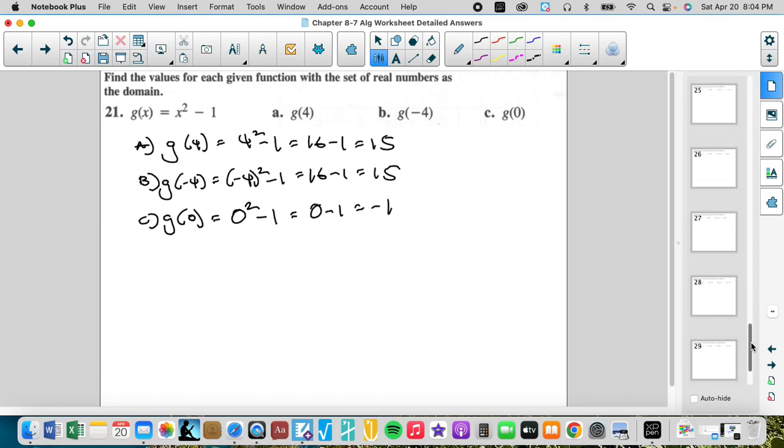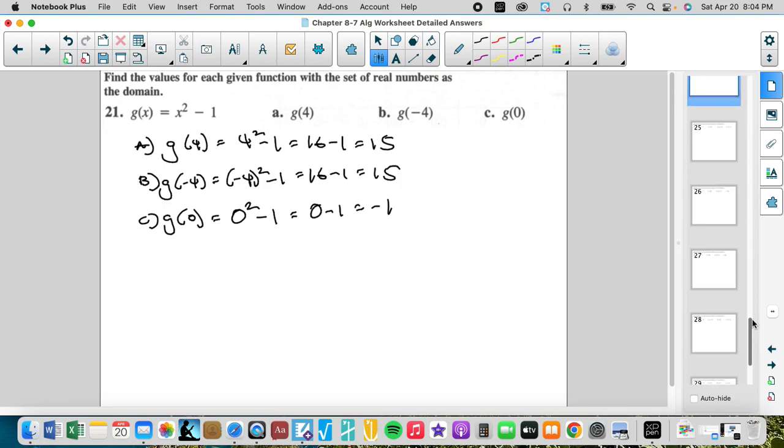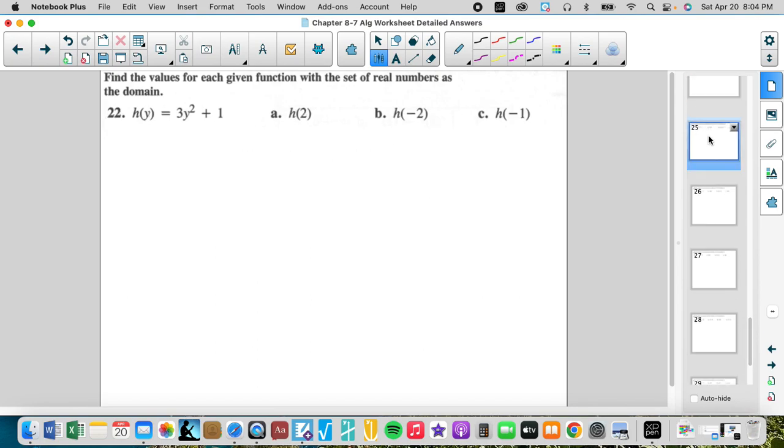Okay, still within these, h of 2 equals 3 times 2 squared plus 1, 3 times 4 plus 1, 12 plus 1 is 13.